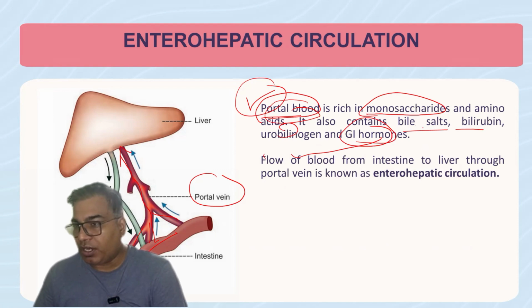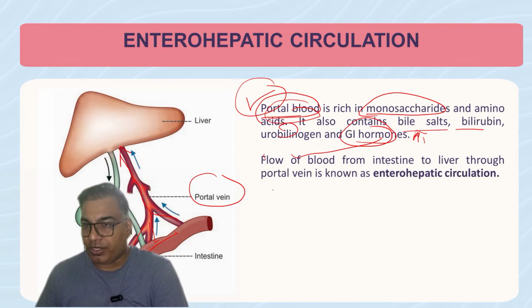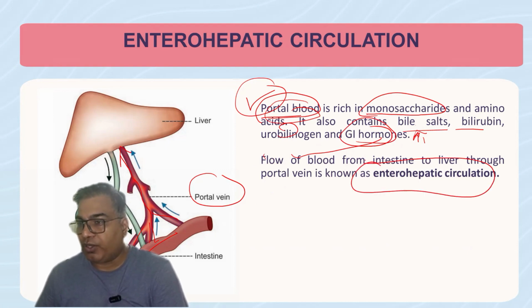So these are very important organic compounds which need to be reabsorbed before excreting through the intestine. So this reabsorption through intestine, stomach, or spleen is done by the portal vein, and this is finally called enterohepatic circulation.